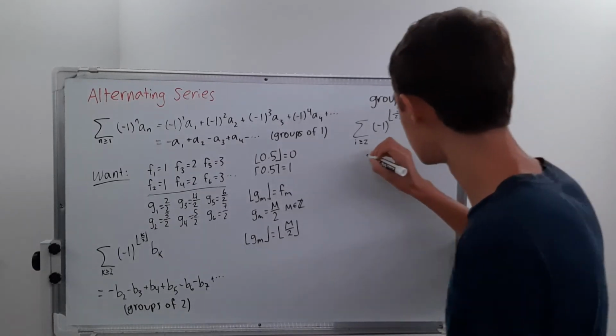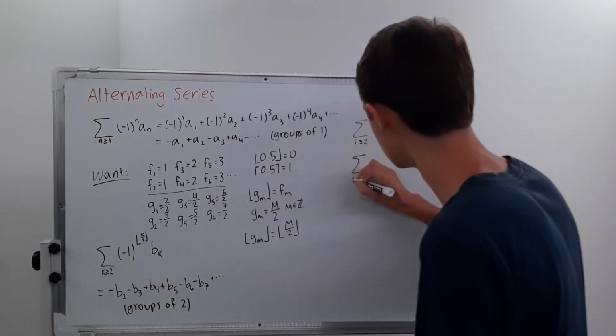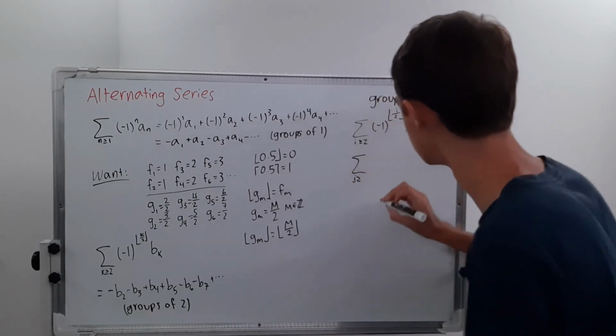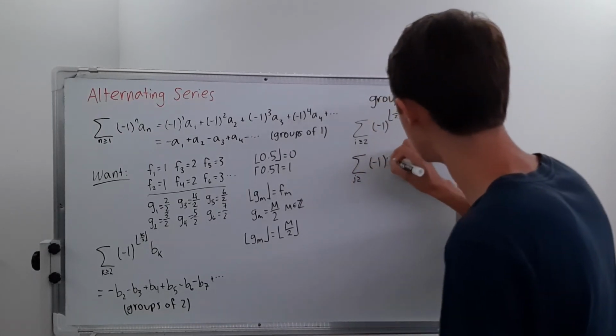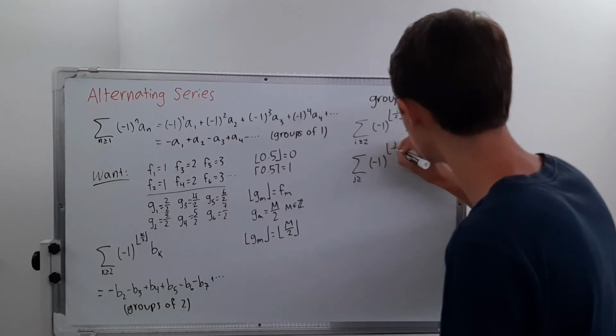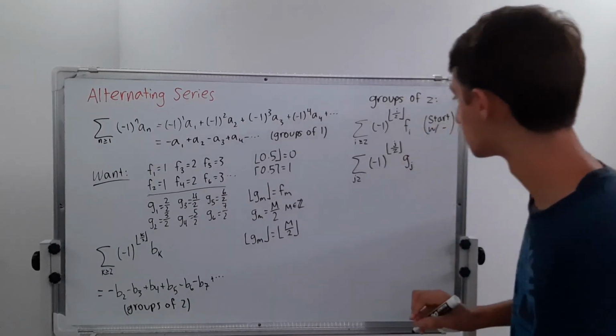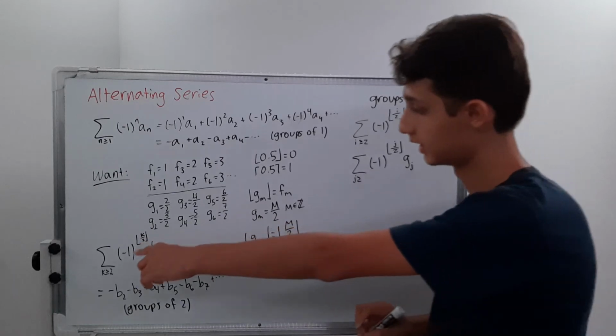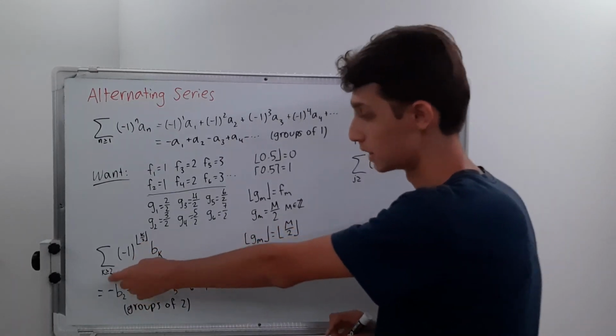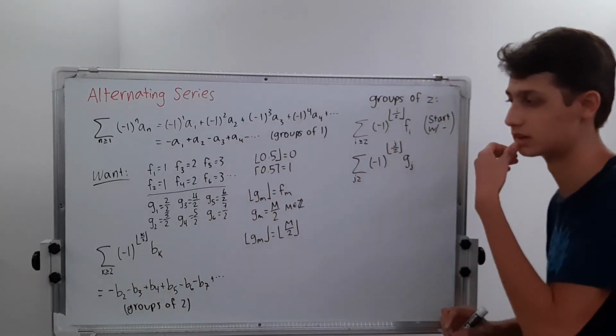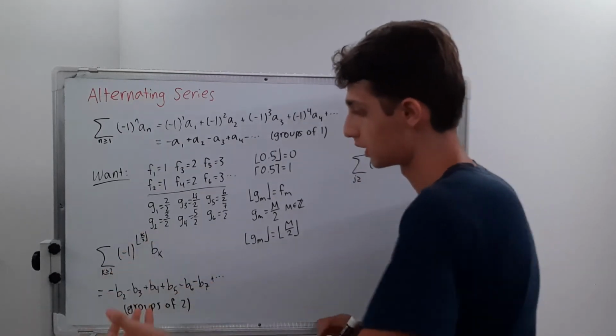Now if you want to start with a positive, we'll say j, and I'll leave that blank for now, -1 to the j over z, I'm just going to keep using z, of, we can say g sub j, actually. There you go. So what are we going to start with? If we want to start with an actual positive number, well, how about 0?